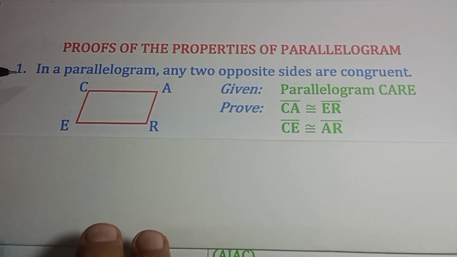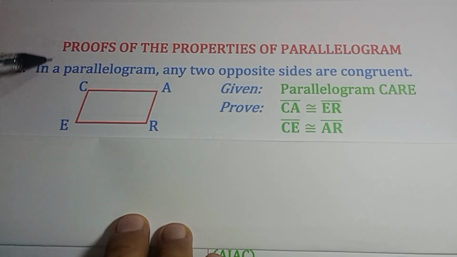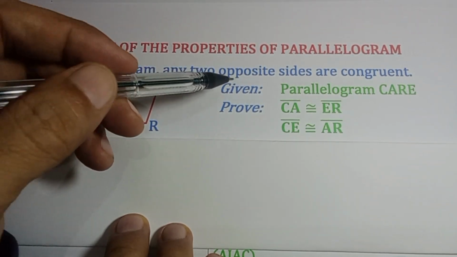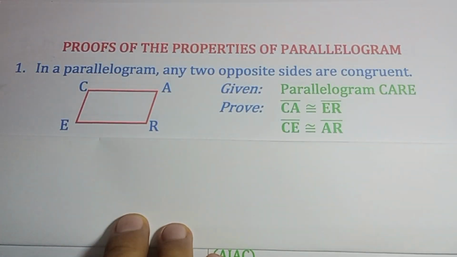Today I am going to explain the proofs of the properties of parallelogram. So there are five properties. Number one, in a parallelogram, any two opposite sides are congruent. Okay, so we have this parallelogram here.